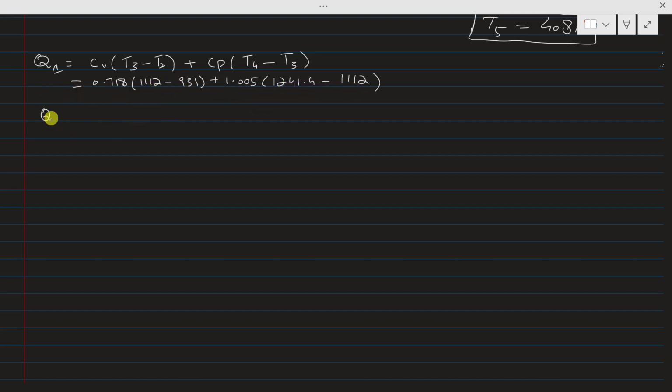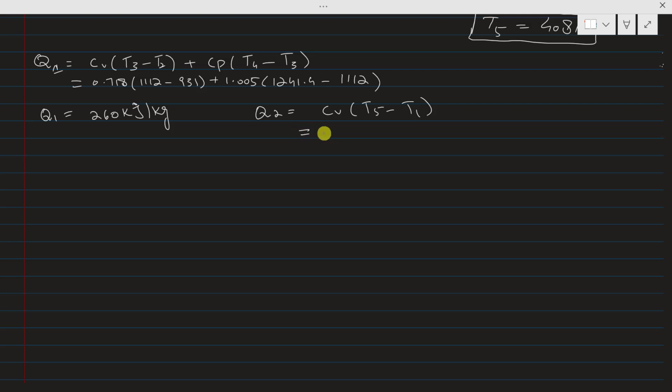Now by simplification you will get the final value of the heat supplied, that is 260 kilojoule per kg, and the heat rejected is equal to Cv into T5 minus T1.